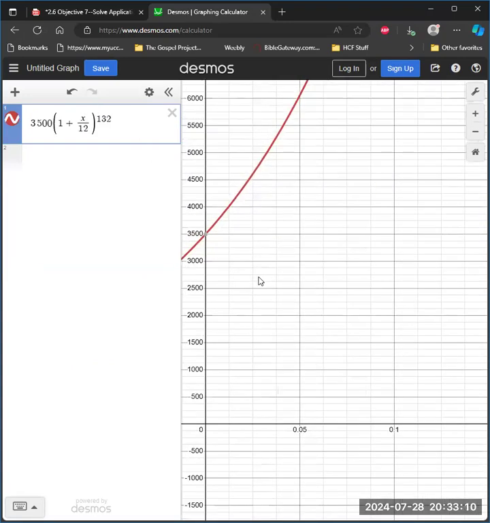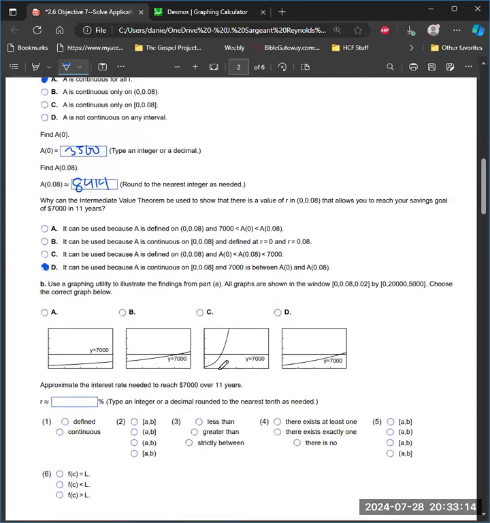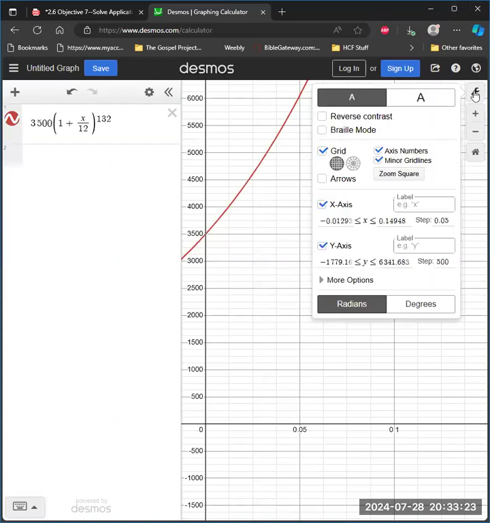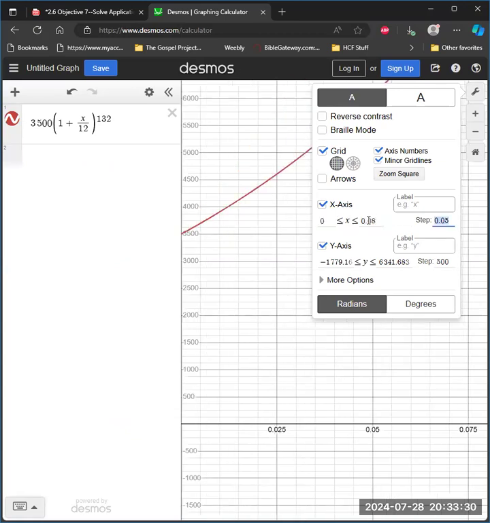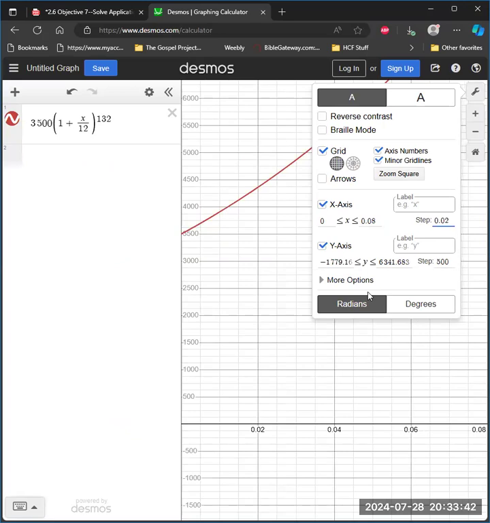And we're going to look at this on the interval from 0 to 0.08 by 0.02. And then we want to go 0 to 20,000 by 5,000s.